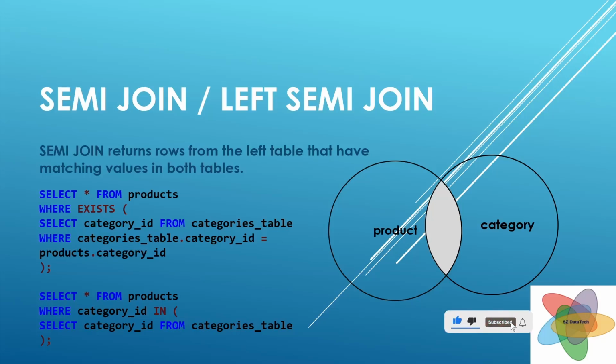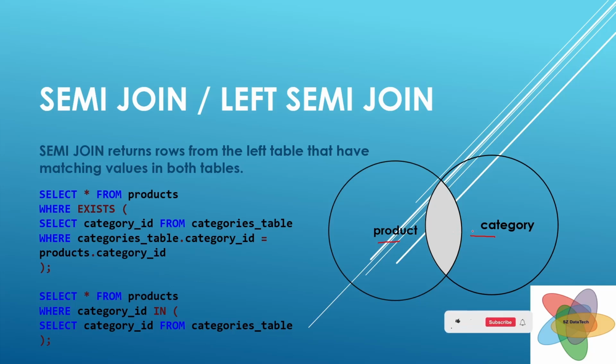Now semi join or left semi join. Before going to this semi join, let's brush up on inner join. As we discussed earlier, in case of inner join, we will get all the rows having category ID value matching in both the tables.